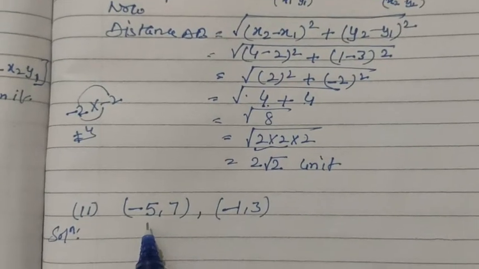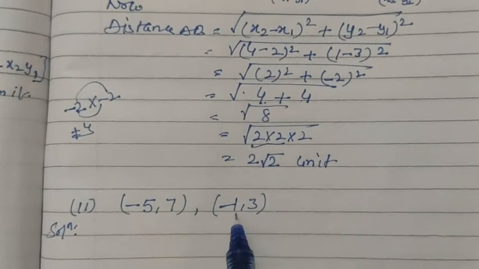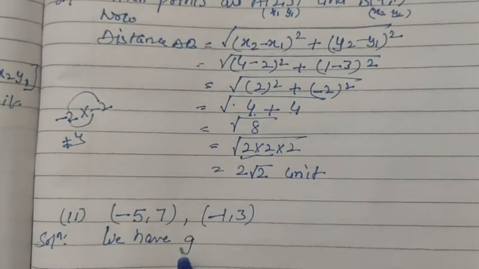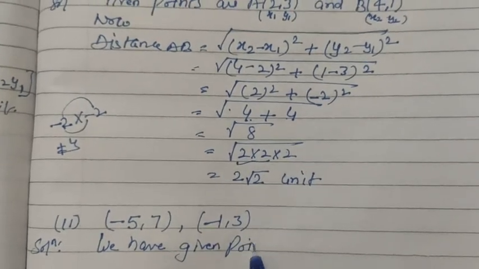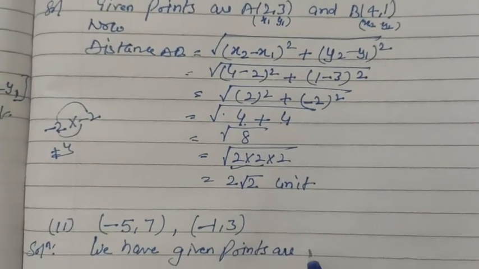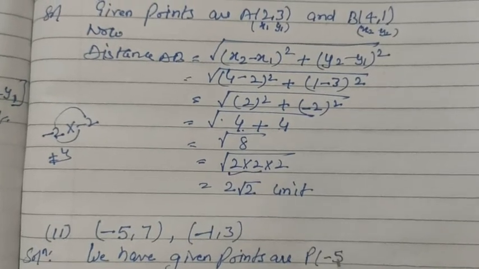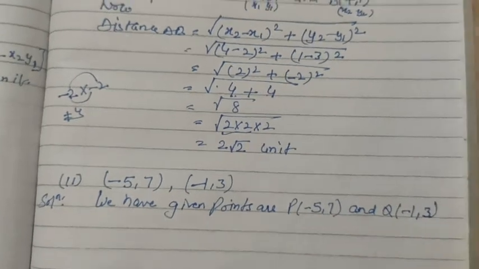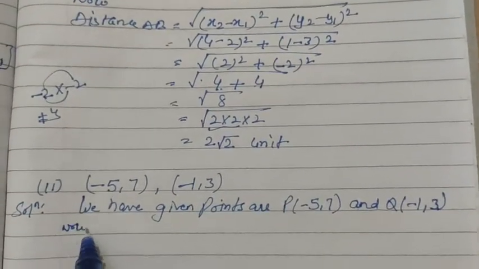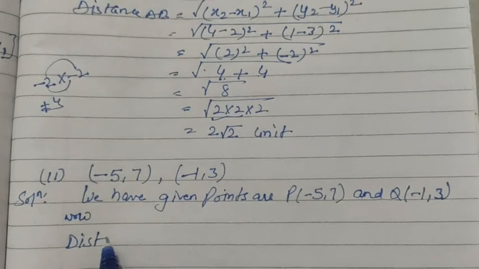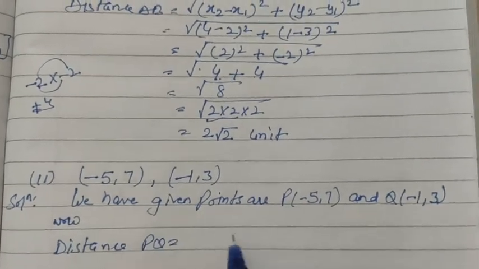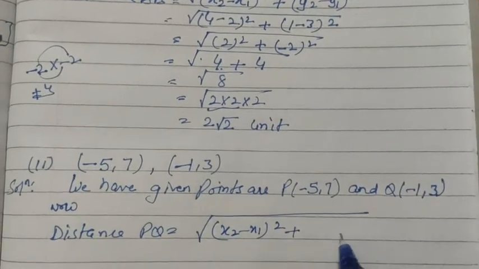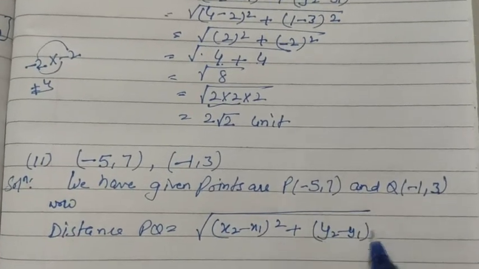In the next part we have been given points as minus 5, 7 and minus 1, 3. So we can say the given points are P(minus 5, 7) and Q(minus 1, 3). So now the distance PQ would be x2 minus x1 square plus y2 minus y1 square.